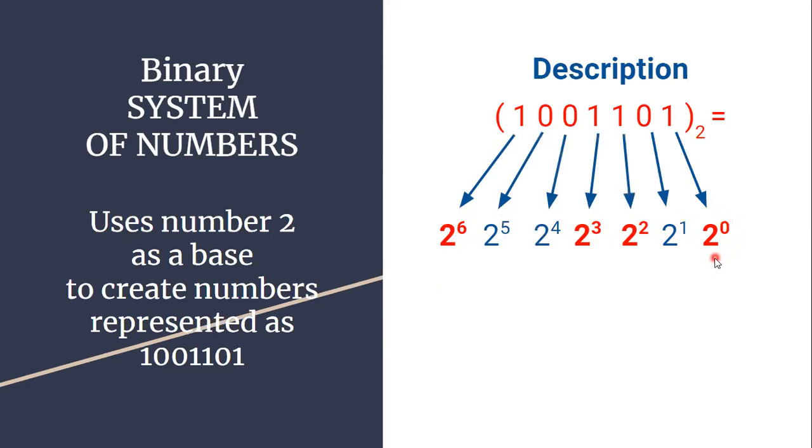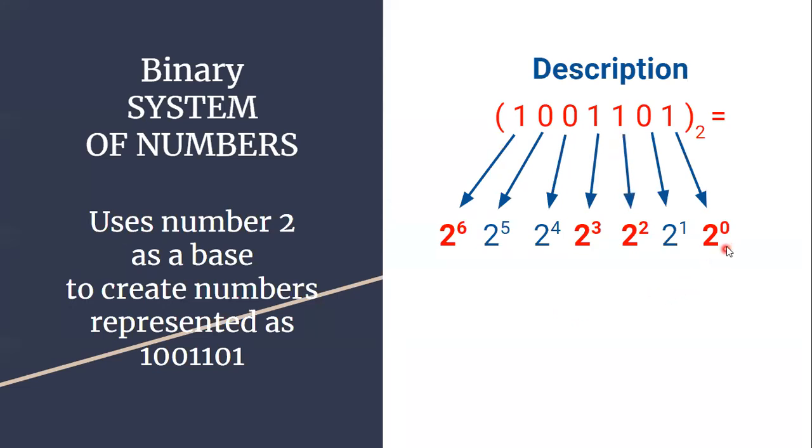As you can see here, I have some powers in red color. Why? Because these are the powers that I'm going to use in order to find the decimal number.